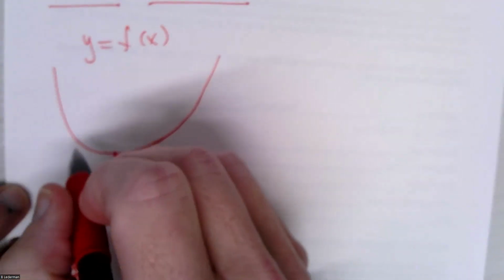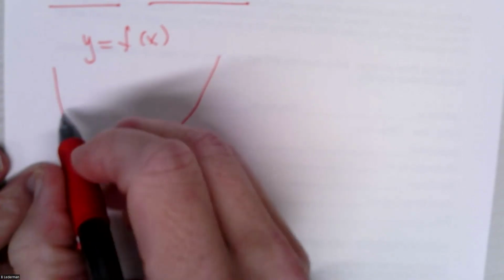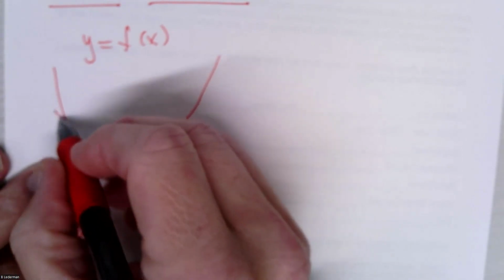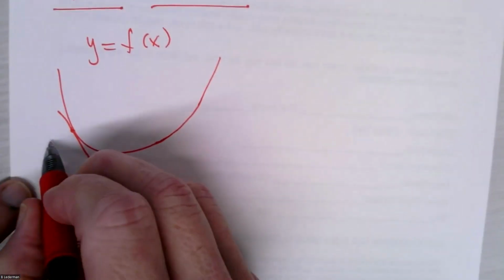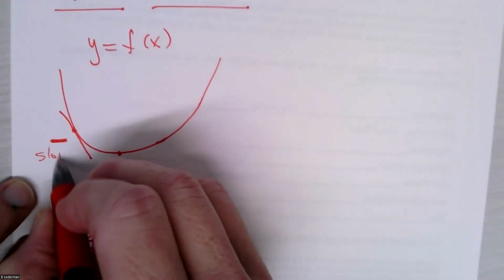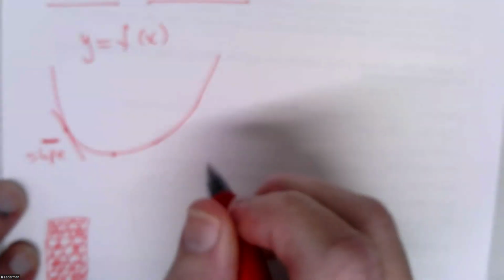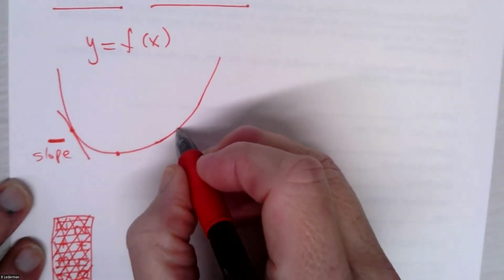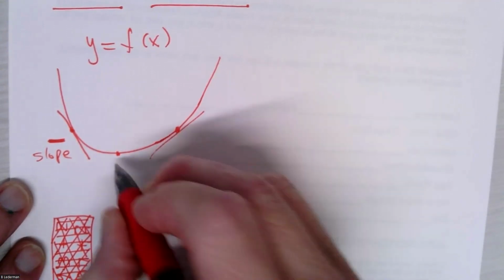I want you to notice that when we're at the left of this point, if I were to take any tangents, the tangents are going downwards and have a negative slope. And when I'm on the other side, on the right side of this point, the tangents have a positive slope.